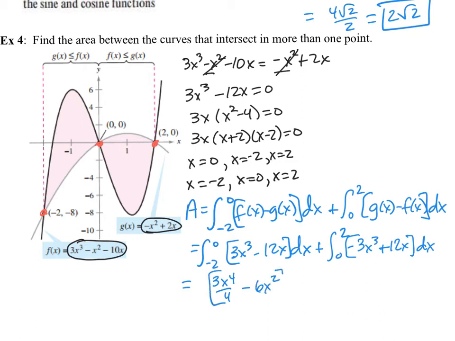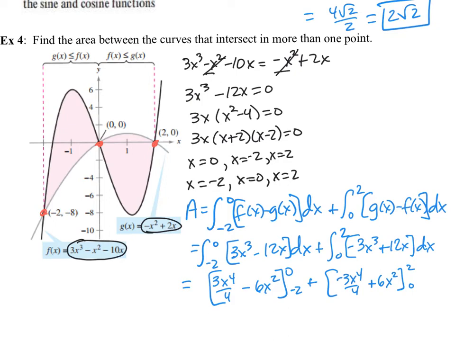That'll be evaluated from negative 2 to 0. And then plus, let's find the second antiderivative. So that's going to be negative 3x to the fourth over 4 plus 12x squared over 2, which gives us 6x squared. And that gets evaluated at 0 and at 2.